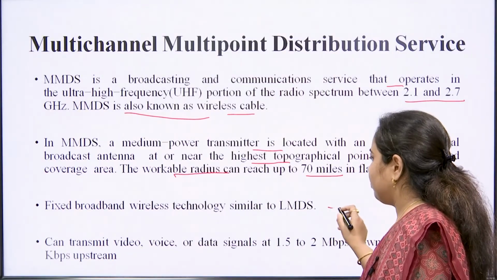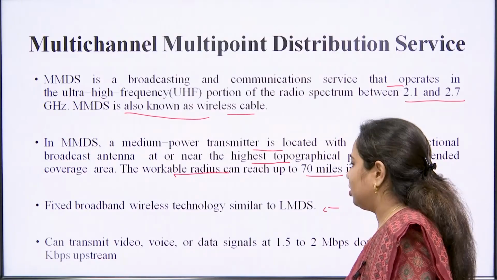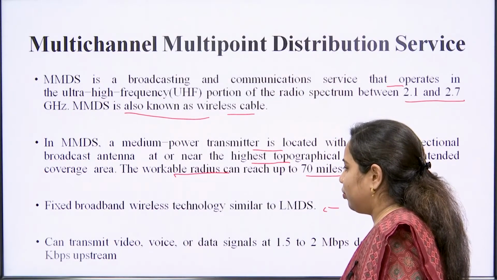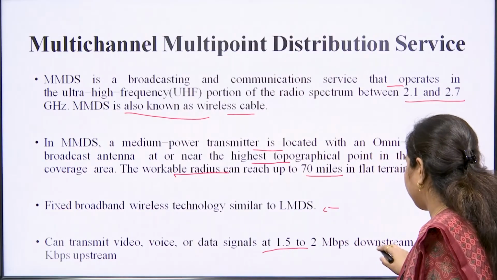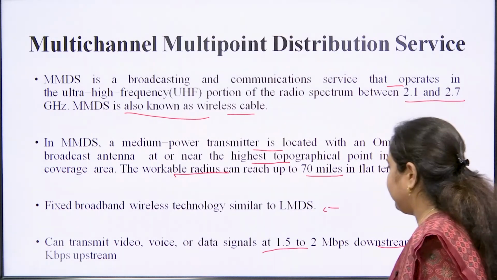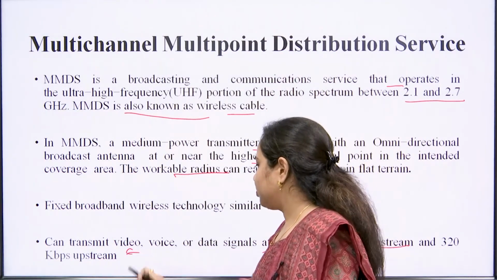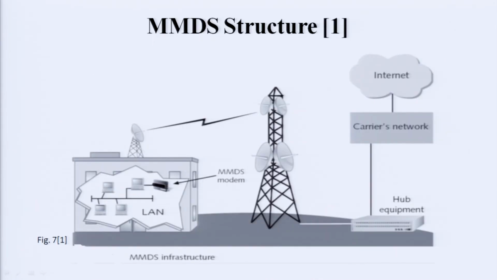Next, this is a fixed broadband wireless technology similar to LMDS. It can transmit video, voice or data signals at 1.5 to 2 Mbps downstream and 320 kbps upstream. So, that is the case for multi-channel multi-point distribution service.